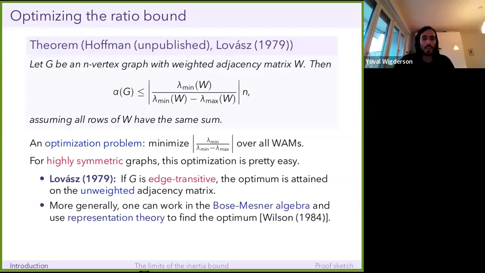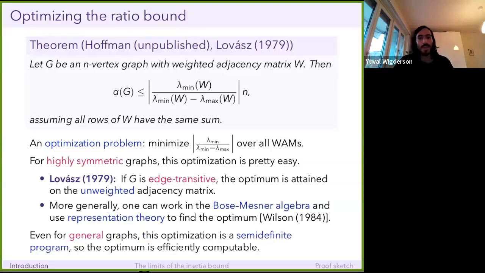And even if you don't have such a strong symmetry condition, but you know something about the symmetries of the graph, you can apply representation theoretic techniques. You work in this object called the Bose-Mesner algebra, and by using representation theoretic techniques, you can basically figure out what the best weighted adjacency matrix is. This was the technique that Wilson introduced into this field when he proved this generalization of the Erdős-Ko-Rado theorem.